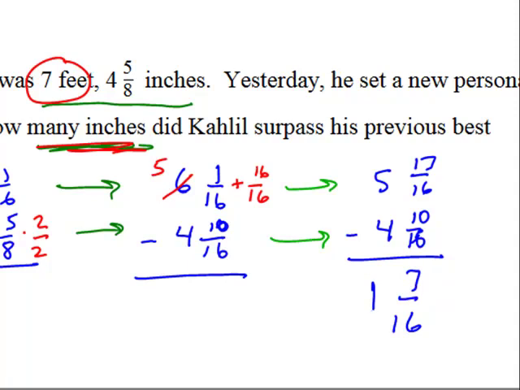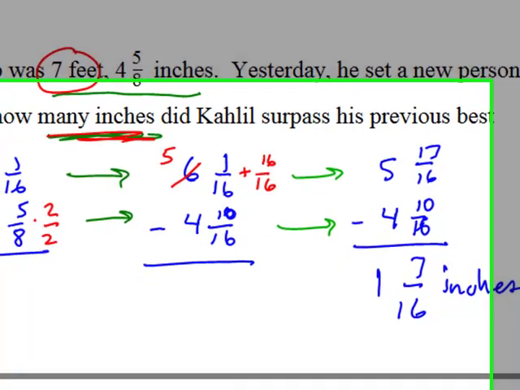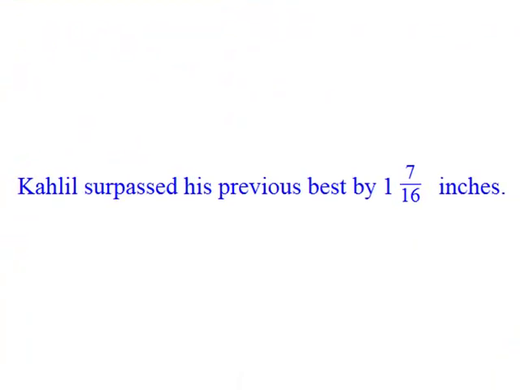So what we see here is that he surpassed his previous best mark by 1 7/16 inches. Of course, we want to write that in a sentence, and I have that here. Khalil surpassed his previous best by 1 7/16 inches.